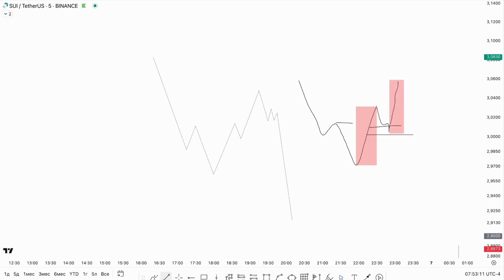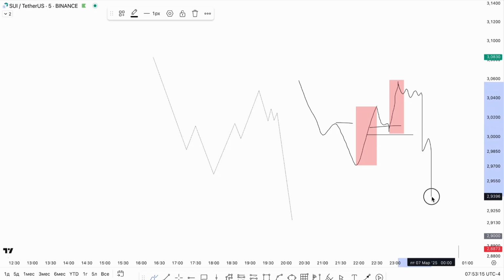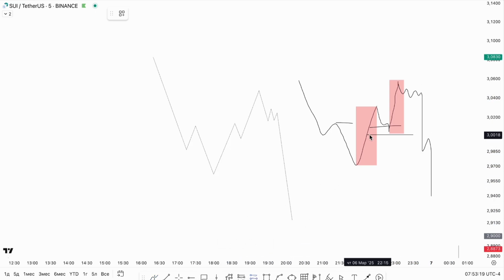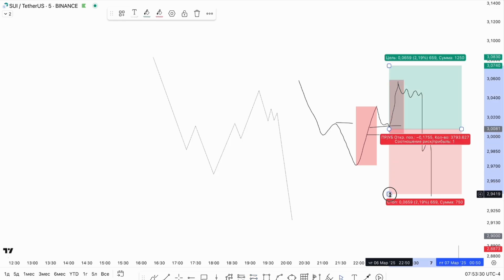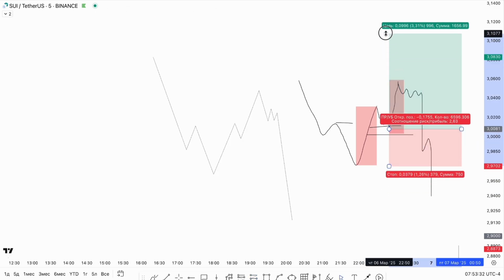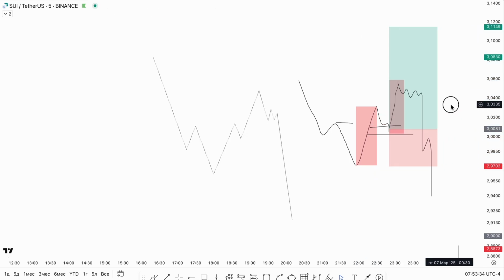Then the price makes a trade and falls down. Of course, people will not be able to read the first bait here. After the break of this swing, they would go to the correction. When this new movement begins, they open the position like this, putting the stop loss here, and take profit on some goal. But in the end they are cut off.